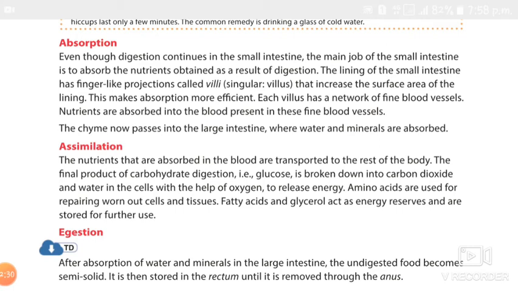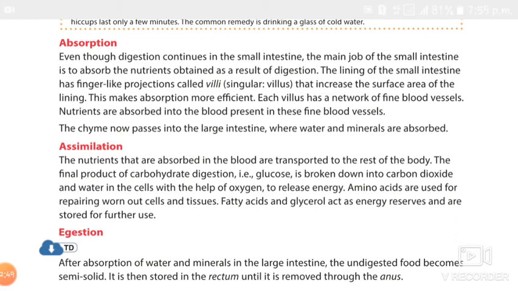Now let's move on to the large intestine. The large intestine is broader and shorter than the small intestine. It is 1.5 meters in length.